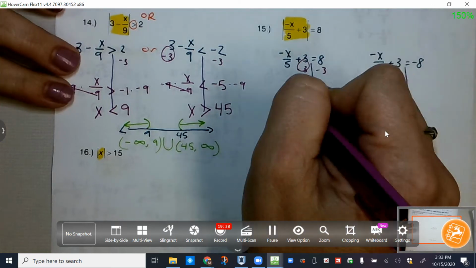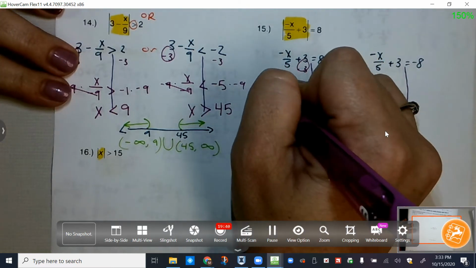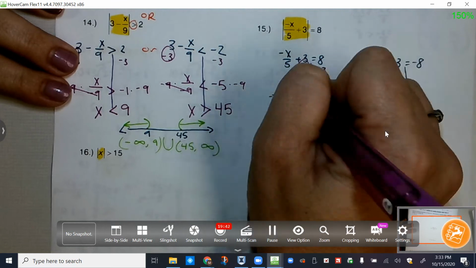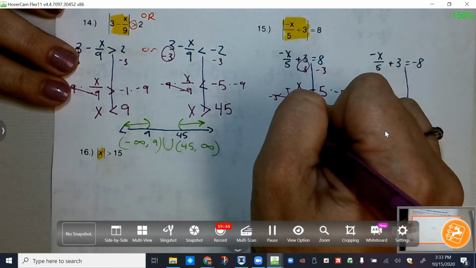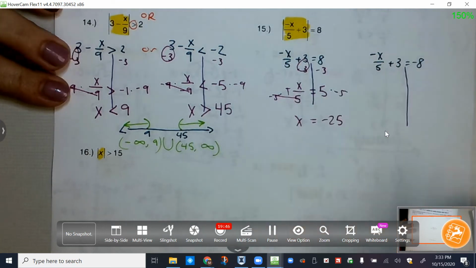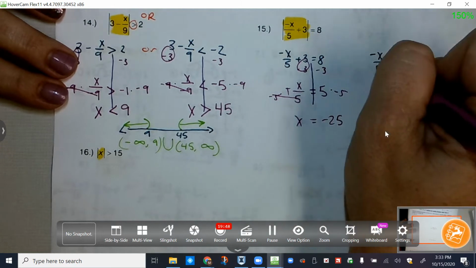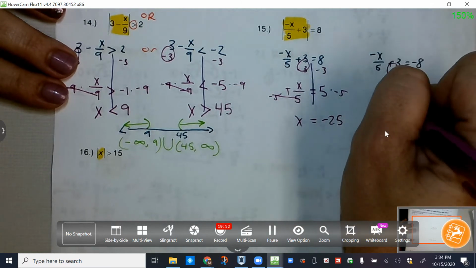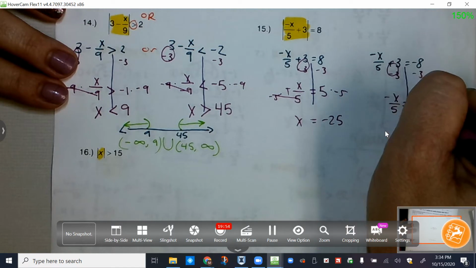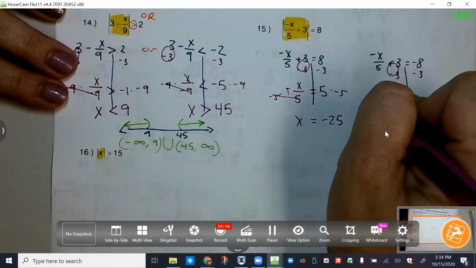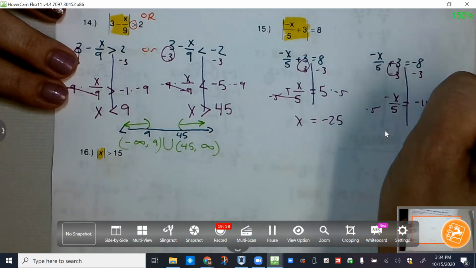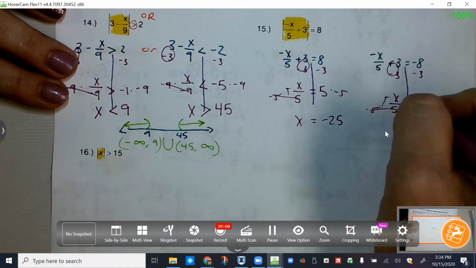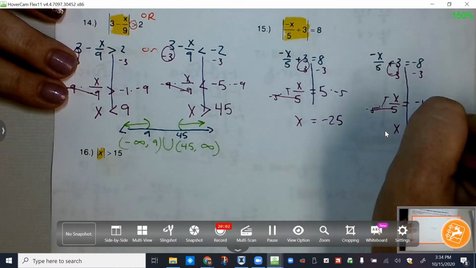Now if I multiply this by a -5, it cancels the negative and the 5. Get x equals -25. So -3 minus 3, get -x over 5 equals 8, 9, 10, 11, times -5 times -5. That cancels that and that. I get x equals positive 55.